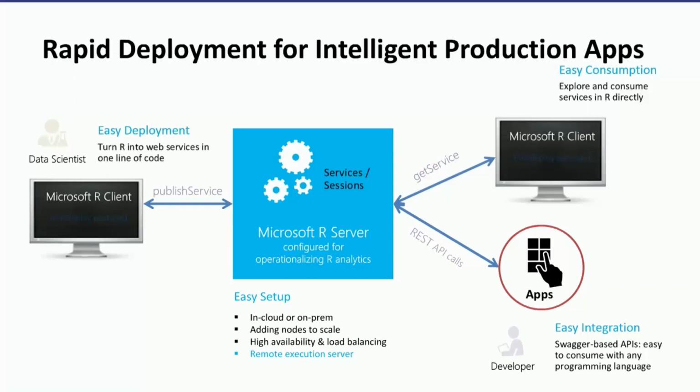And once that's published, another data scientist from a different R client can call getService to get all the definitions for that service that they need in order to call it from R. Or an application developer can also call getService to get the service definition, or the Swagger, to build a REST client to call it.